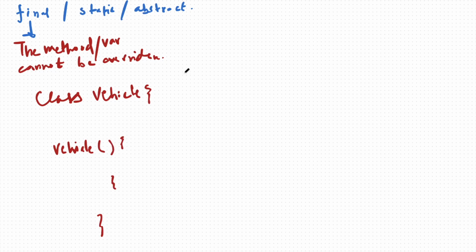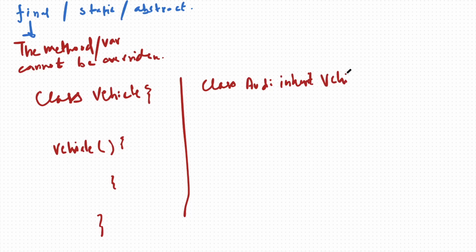Now imagine a scenario that we have one more class Audi, okay, which basically inherits the class Vehicle. So now we are talking about inheritance.